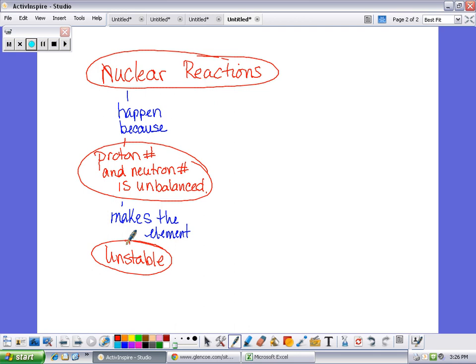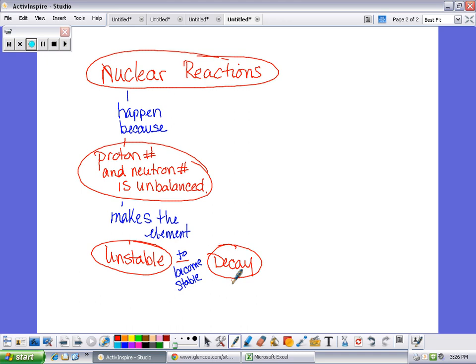So the whole point is every element wants to become stable. So in order to do this, it will go through and decay. So to become stable, the element decays.